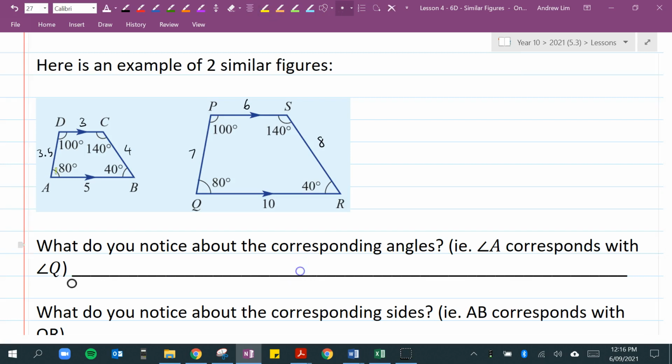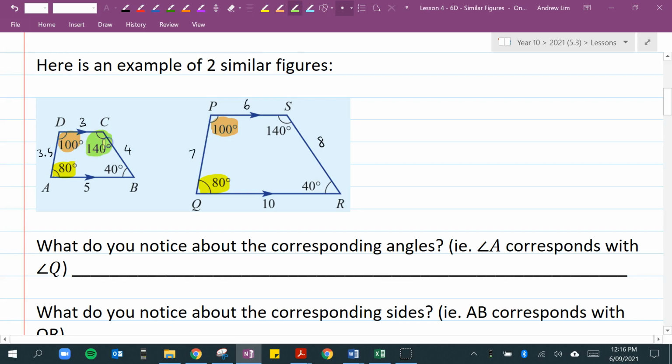So here's angle A, which is 80 degrees, and angle Q is also 80 degrees. So what do you notice about each of the corresponding angles? Well, I hope you notice that all of the corresponding angles are actually equal. D corresponds with P, they're both 100.